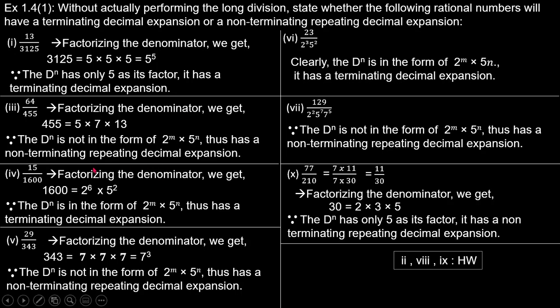Exercise 1.4, question 2. Write down the decimal expansion of those rational numbers in question 1 above which have terminating decimal expansion. So we see that in the earlier question we have some terminating. This was terminating, this was terminating, again this was terminating. Okay. So if it is terminating, we have to carry out the division and write the terminating answer.